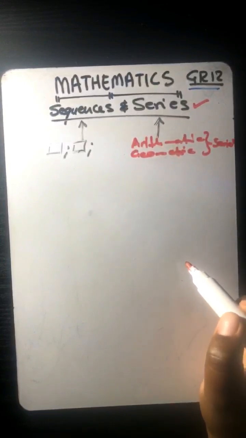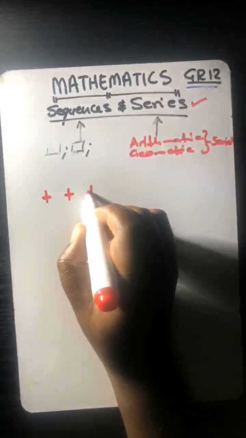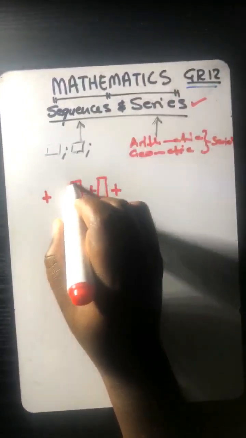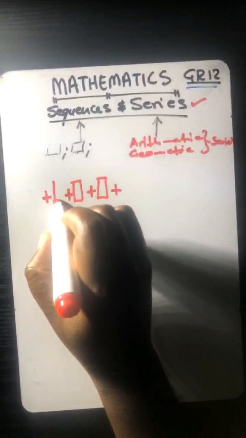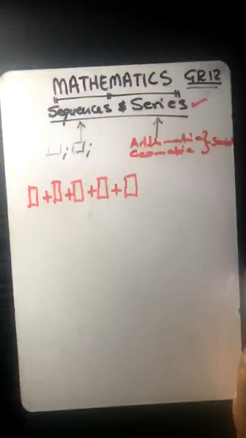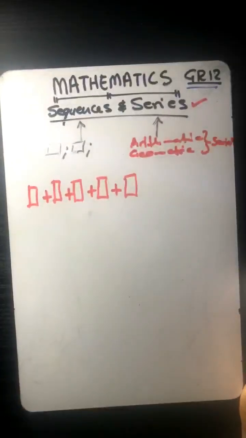When we add terms of a sequence together, we form a series.